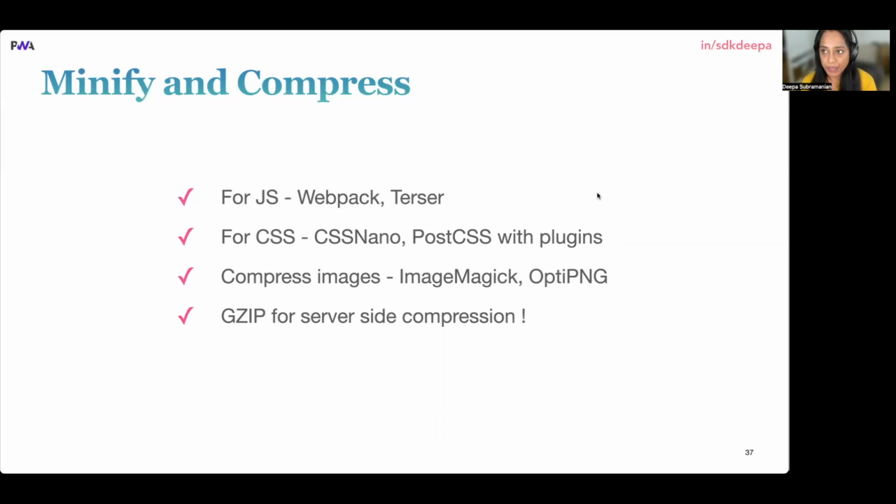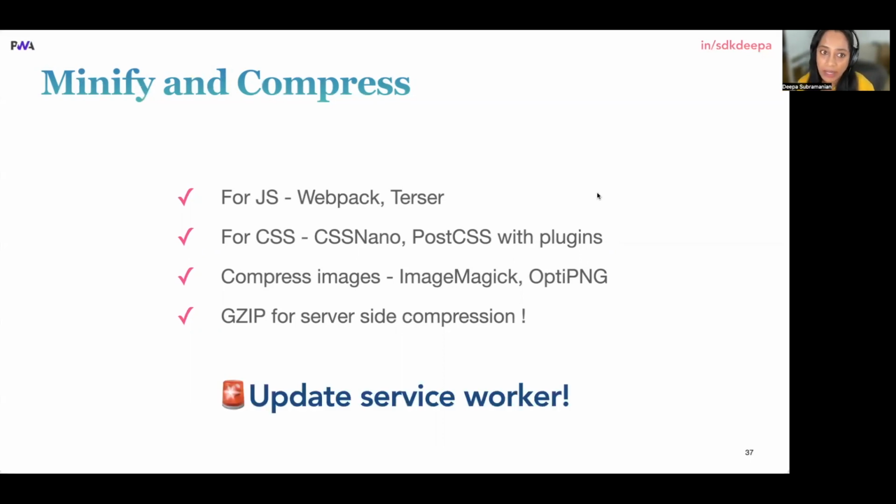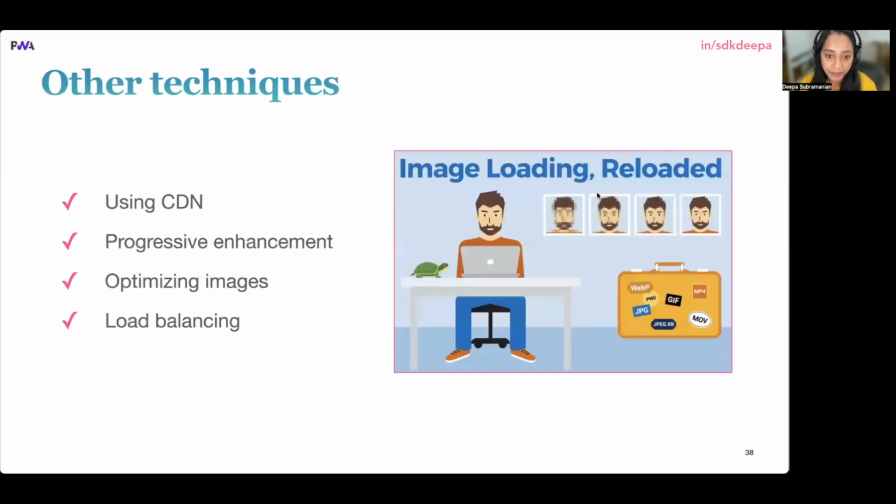And you could also compress images using tools like ImageMagick or OptiPNG. And for file compression, you could use gzip on the server side. And note that when you minify or compress any files, you need to update it on the server side, on the service worker side.